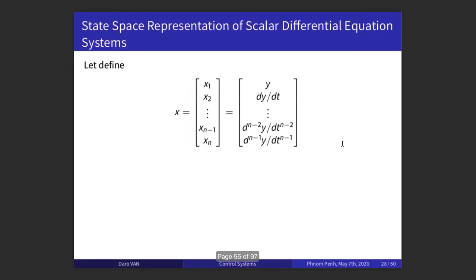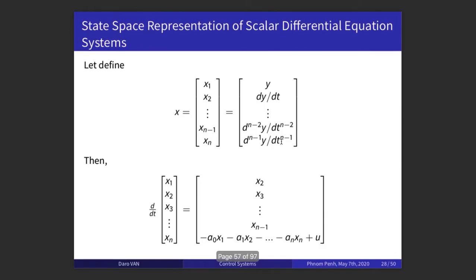In this case, let's represent the state by these equations. Vector x consists of x1 until xn, where x1 is y, x2 is the derivative of x1, and so on until the (n minus 1)th derivative of y, d^(n-1)y/dt^(n-1).